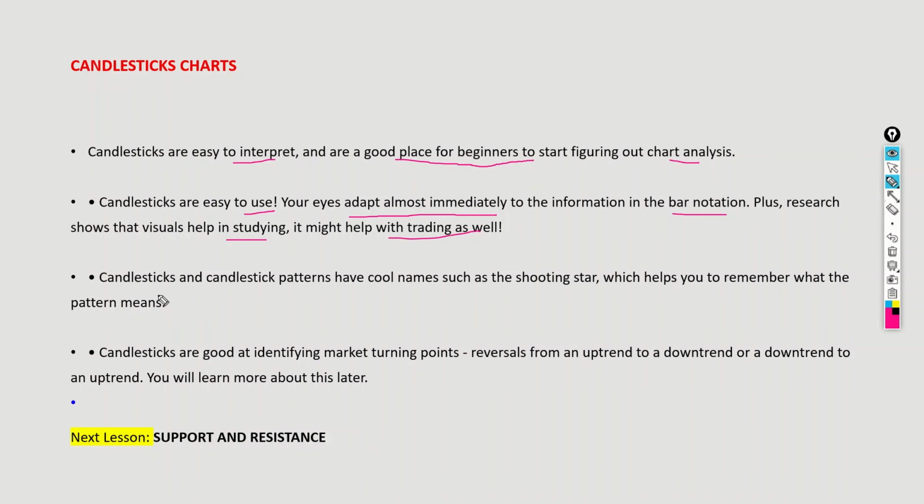Candlesticks and candlestick patterns have cool names such as a shooting star, which helps you to remember what the patterns mean. Candlesticks are good at identifying market turning points, reversals from uptrend to downtrend, or from downtrend to uptrend. You will learn more about this later.